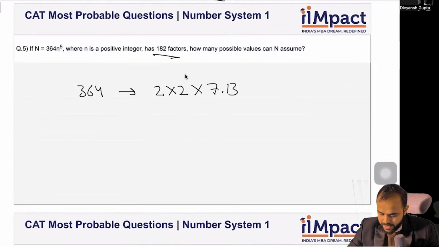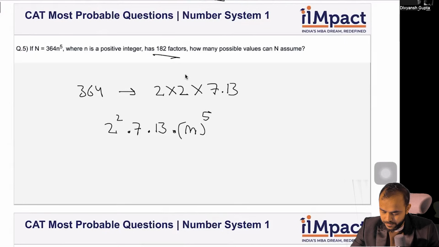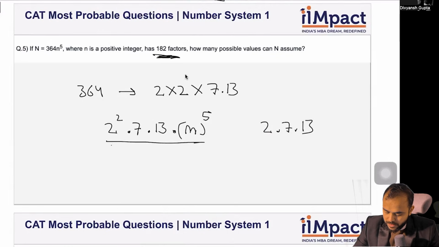This is what you already have. 2 square into 7 into 13 into n to the power 5. Now this has 182 factors. Now 182 we have already written as 2 into 7 into 13. So the number of factors of this expression.